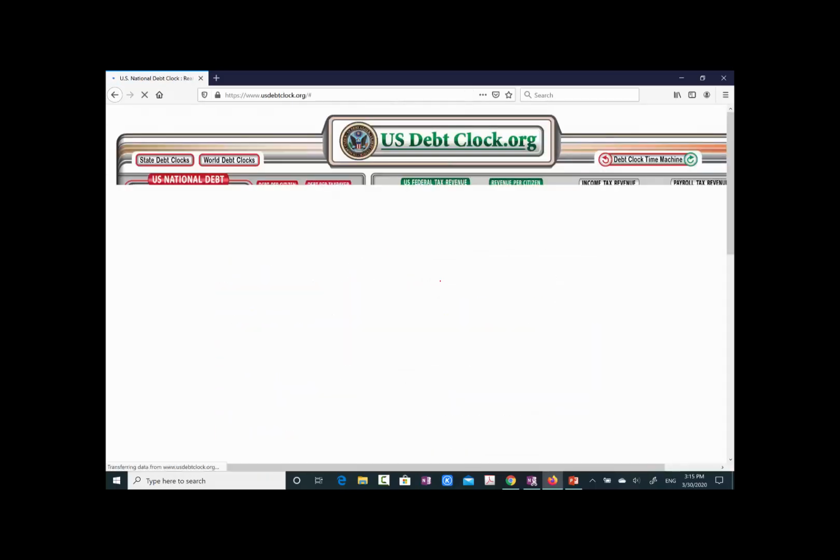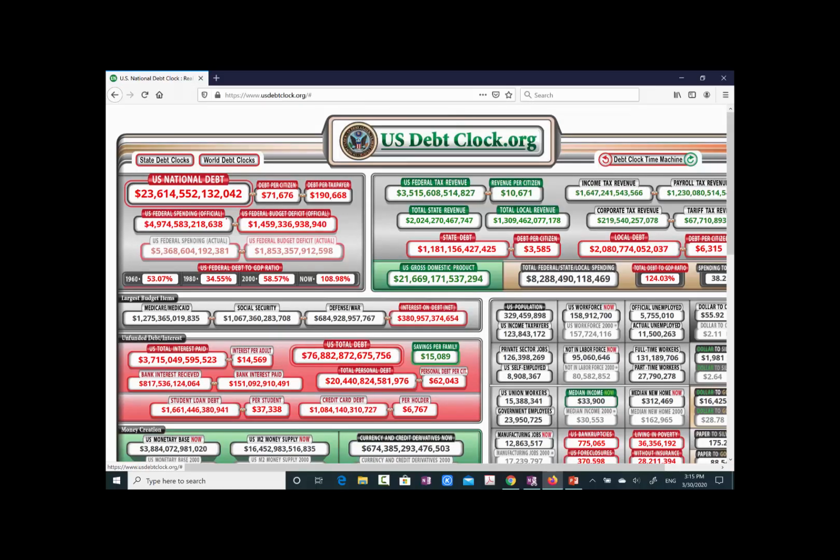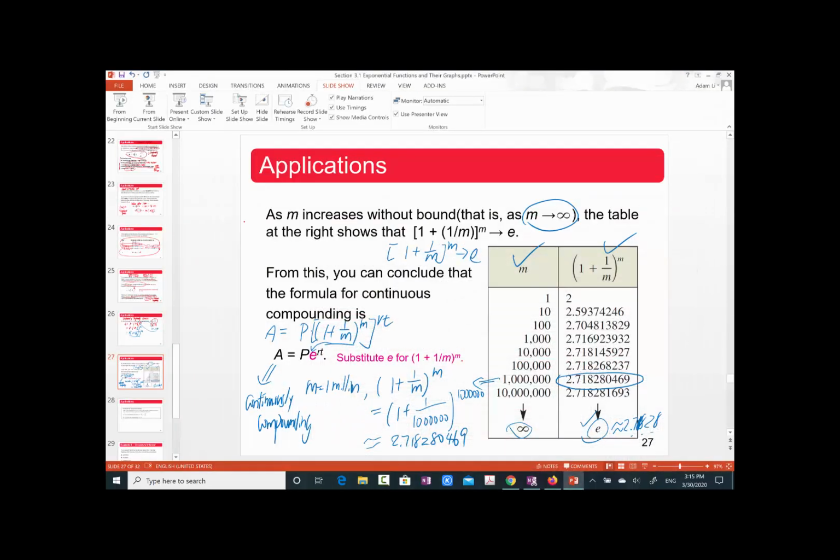If you look at it every single second, the national debt of the US is going up. That's exactly the notion of continuous compounding. If you look at this national debt number on the screen, you'll be able to see the continuous compounding.